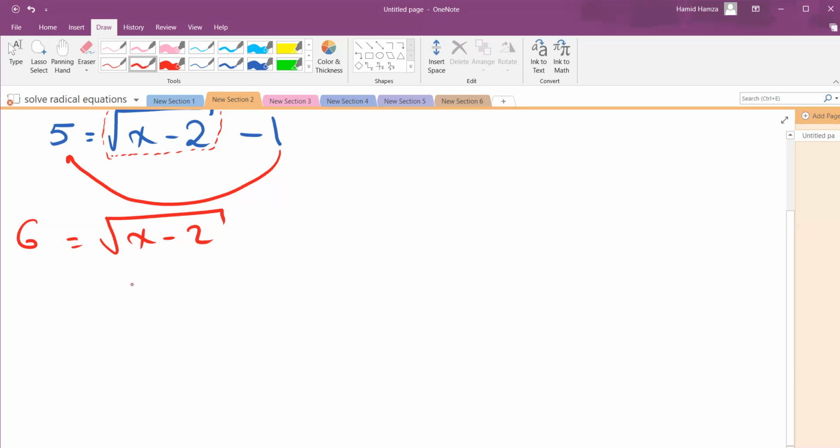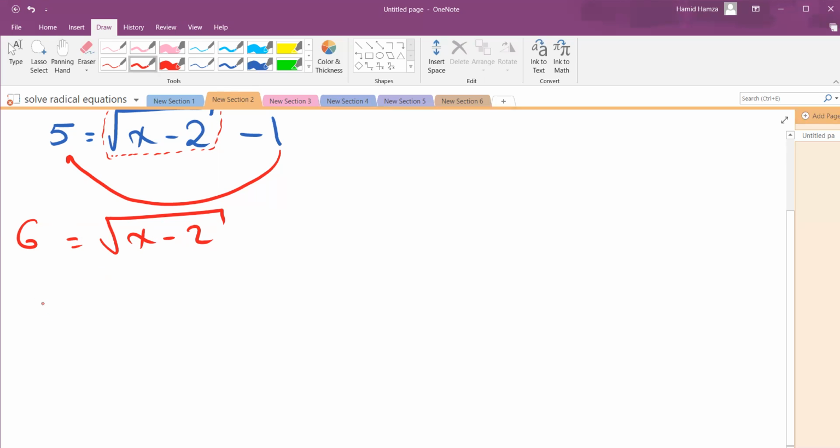Omar, after that, we will want to remove the root. How to remove it? We will put power 2 on the root and power 2 on 6.